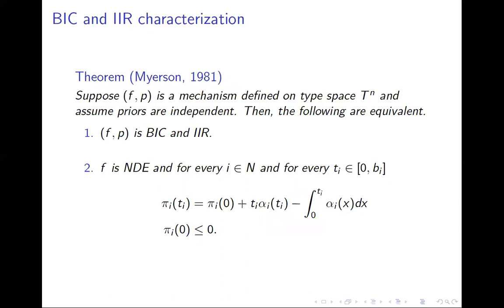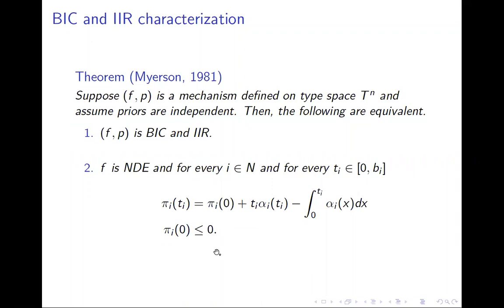So suppose f, p is a mechanism. We know from our last lecture that if the priors are independent, then the following two are equivalent. f, p is BIC and IIR, and f is non-decreasing in expectation, so alpha_i is non-decreasing, and for every i and every t_i, pi_i(t_i) is determined by this formula, and pi_i(0) is less than or equal to 0.